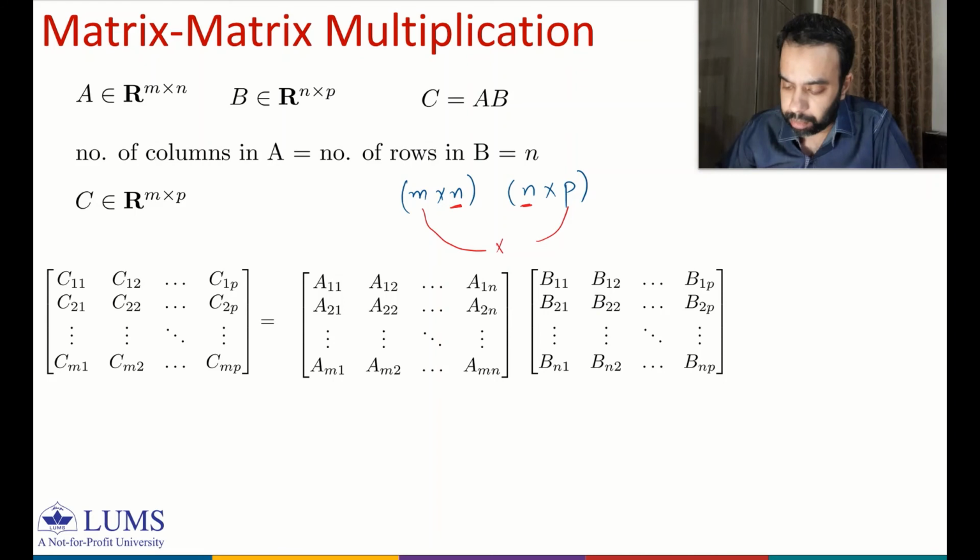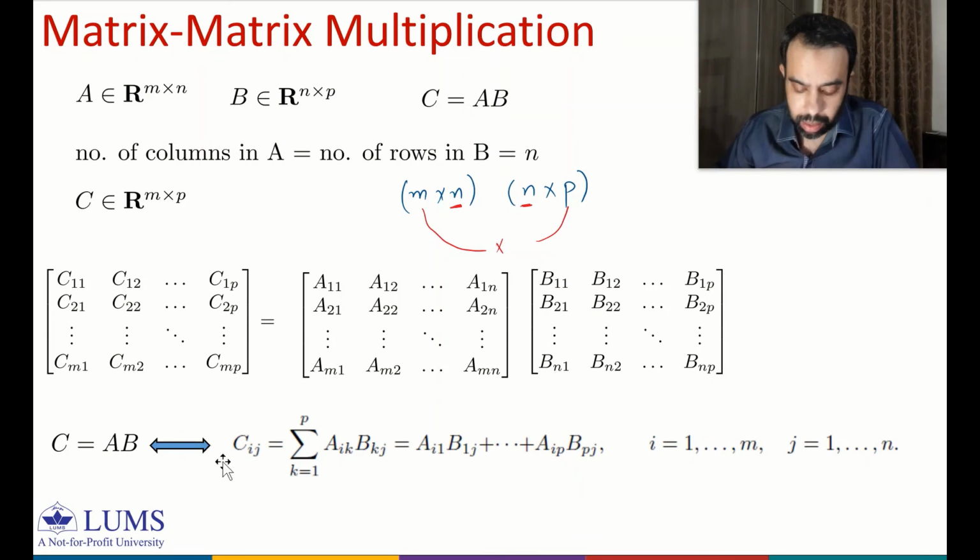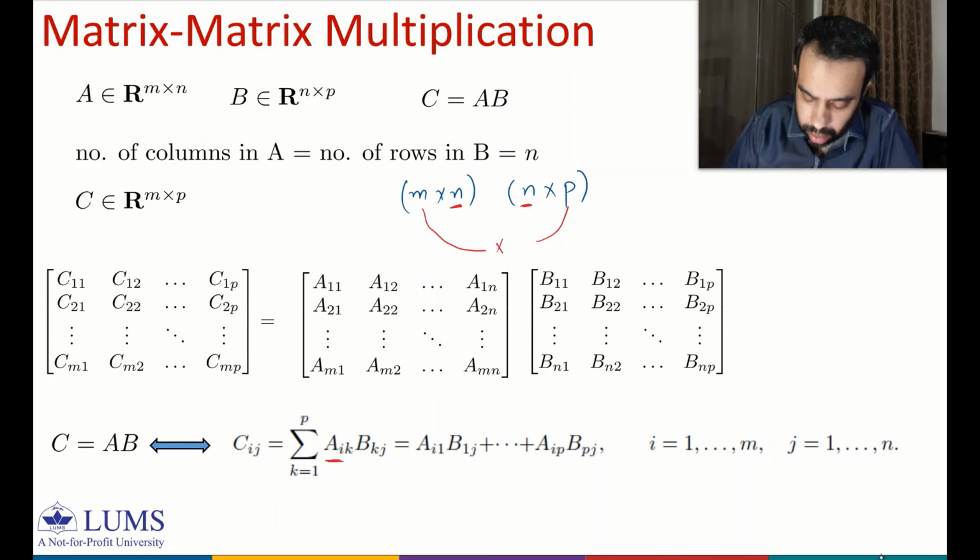Let me first define this mathematically. So C is equal to AB. This simply implies that the entry at the ith row and jth column of the matrix C would be given by the sum over k of aik times bkj. Here i is fixed, j is fixed, and the summation is over k.